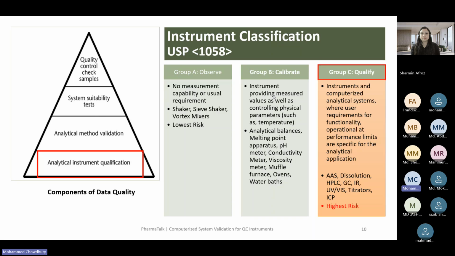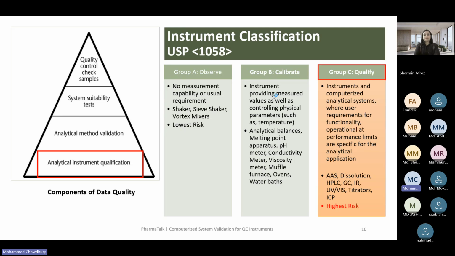We covered regulatory inspection observations and trends. As per USP, we covered the instrument categorization. Then we presented key deliverables of Category 4, because this is the most common group in our pharmaceutical industry.